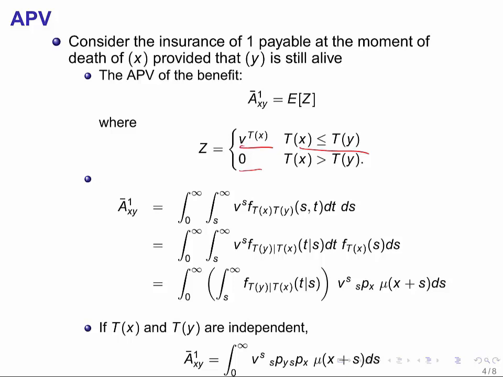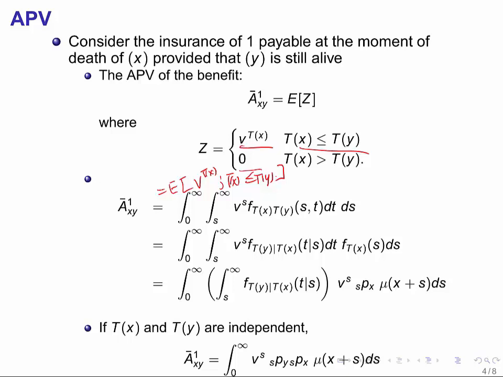So in such a case, if we just take expectation, and again we're going to use the joint distribution for T_X and T_Y. The joint density function is f_{T_X,T_Y}(s,t), and here s represents the value for capital T_X. So that means that in this case, the discounted value is v^s, which is $1 payable at the time of death of T_X.